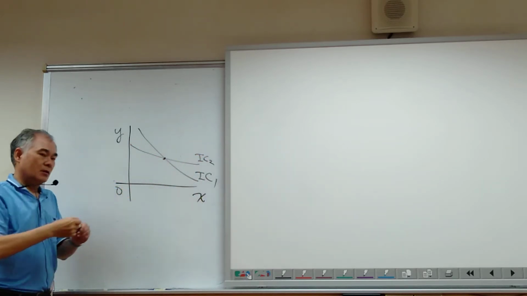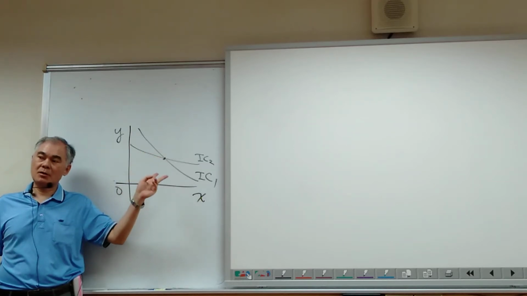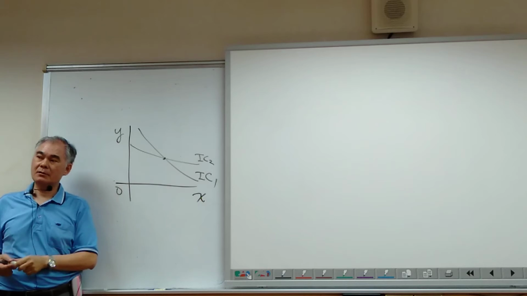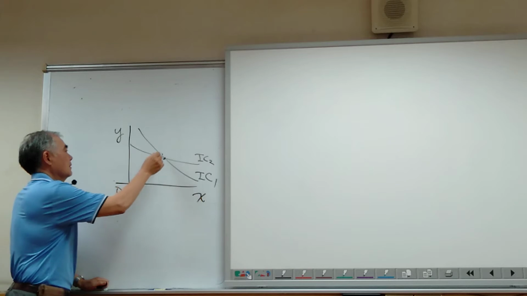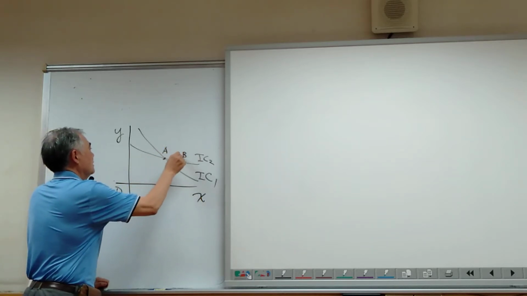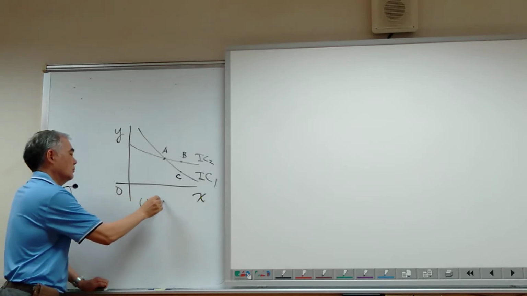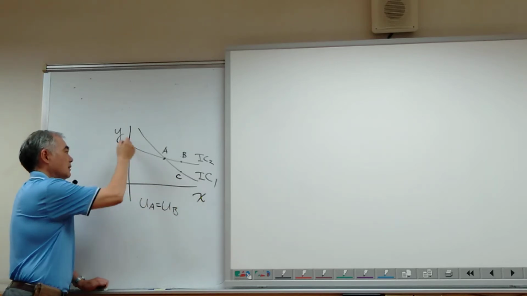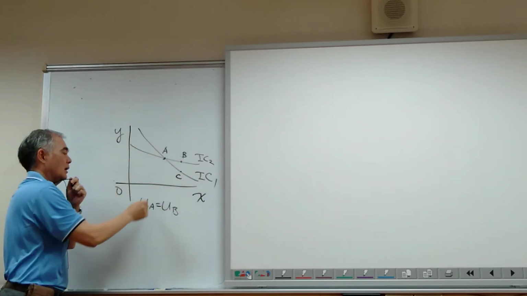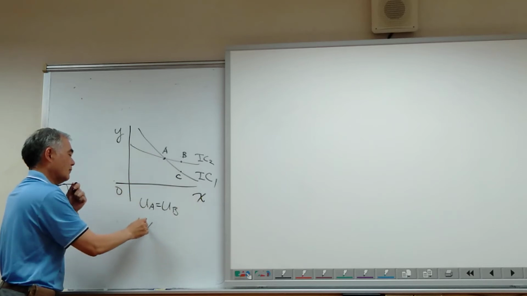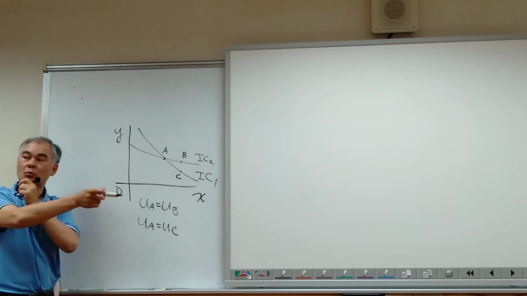So, if 2 different indifference curves cross each other, what happened? There's going to be something wrong, right? So, let us say this is A, this is B, and this is C. So, utility of A is equal to utility of B because they are on IC2, and utility of A is equal to utility of C because they are on IC1, right?